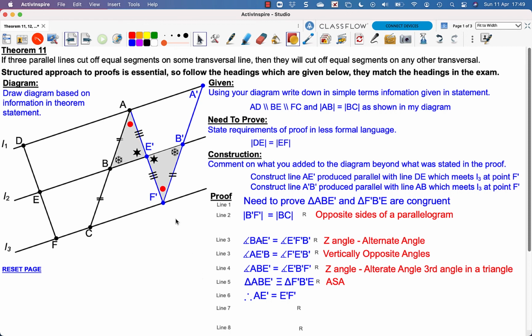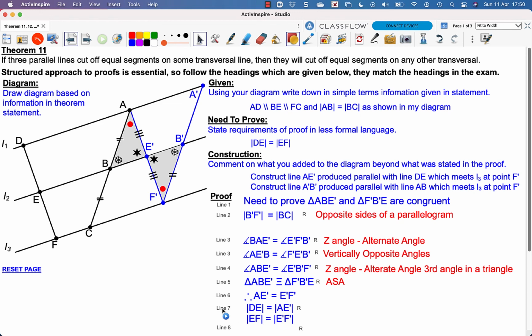Okay, so what do we now know? Well, we now know that that and that are equal. But we also know, by virtue of the fact that this is a parallelogram, that DE is equal to AE dashed. And we also know that EF is equal to E dashed F dashed.